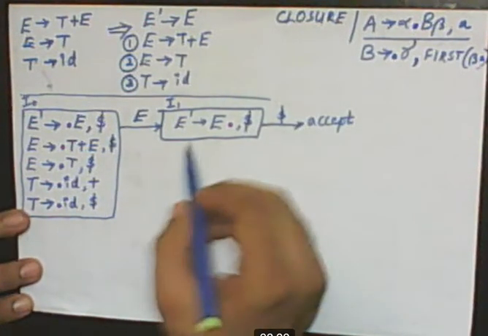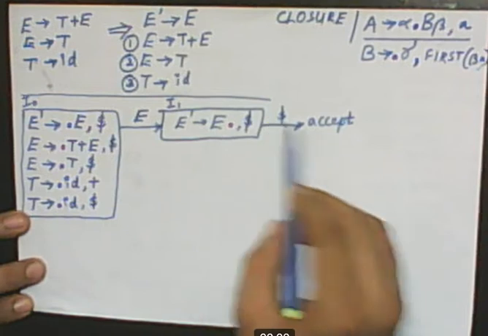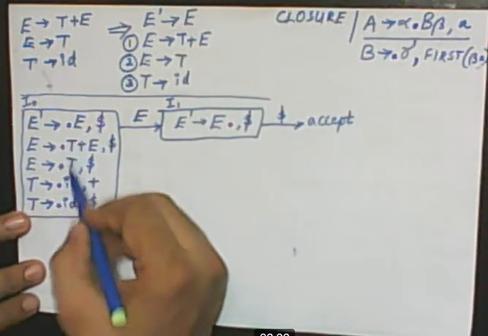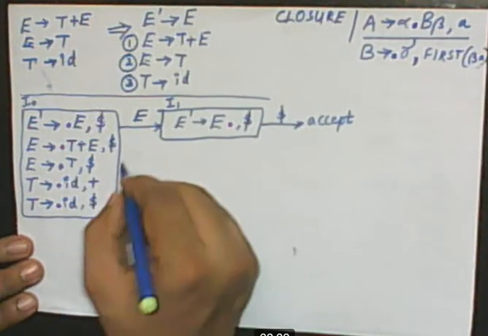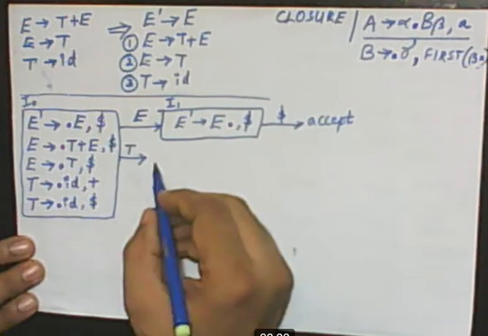As we are seeing in this example, we have I0 and I1. On E equals I1, then $1 equals accept. The next transition we can have is on T here. So we will write down the states.